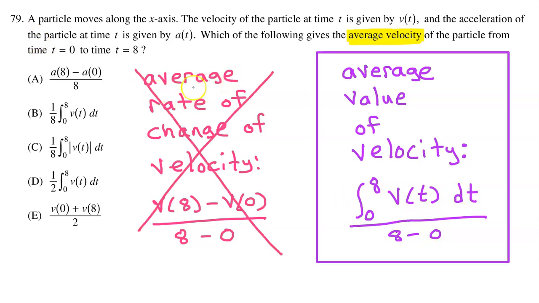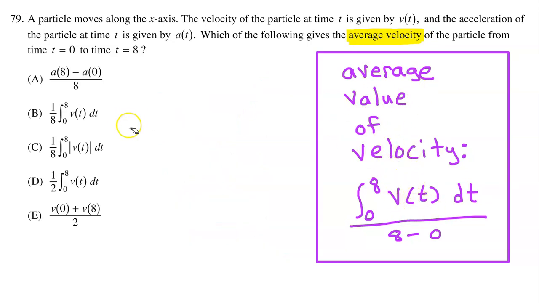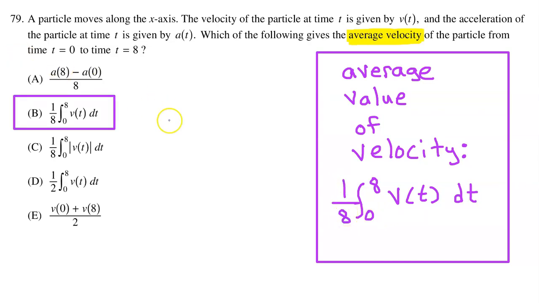It is almost impossible to talk about average rate of change without using the words rate of change. On the other hand, when we say average velocity, it means the same thing as average value of velocity. So this is the formula that you should be using. Dividing by 8 minus 0, in other words, dividing by 8, is the same thing as multiplying by 1/8. So the answer is B.